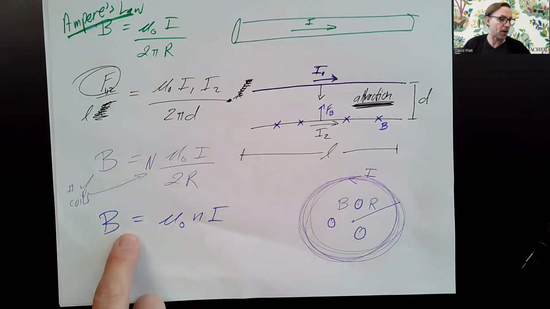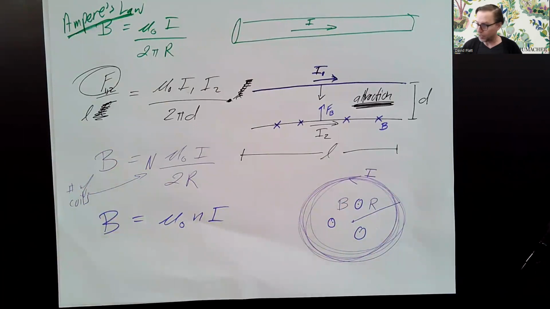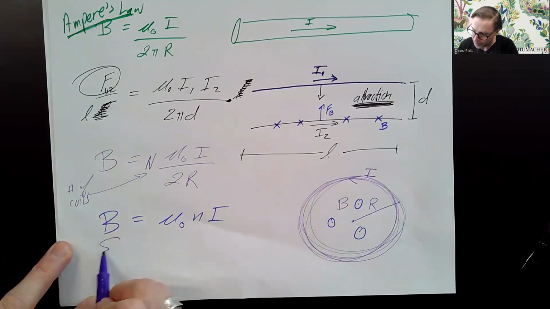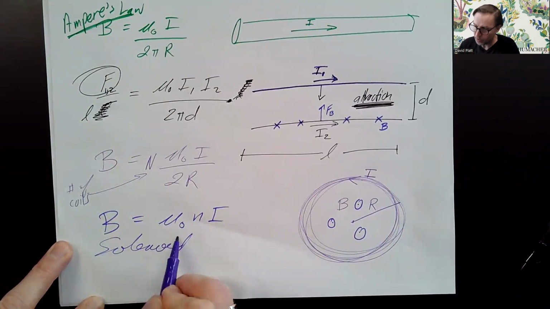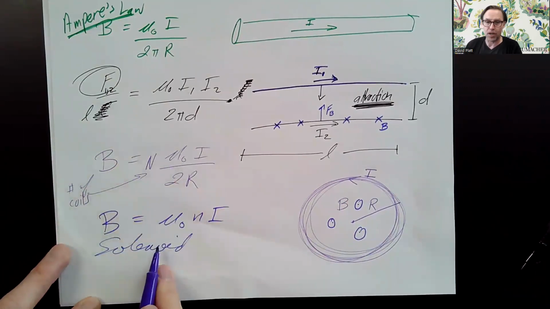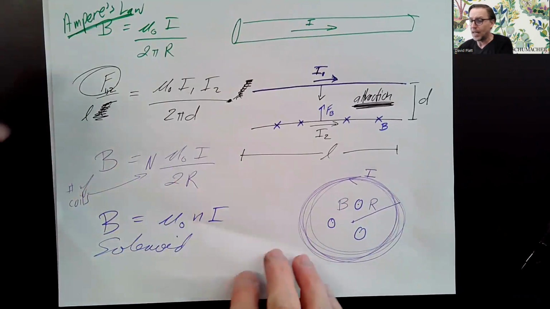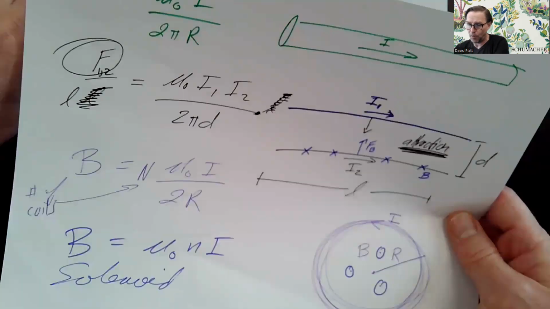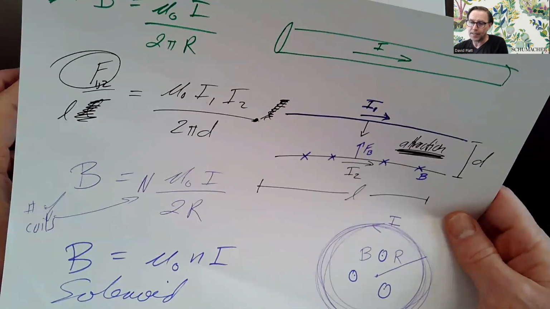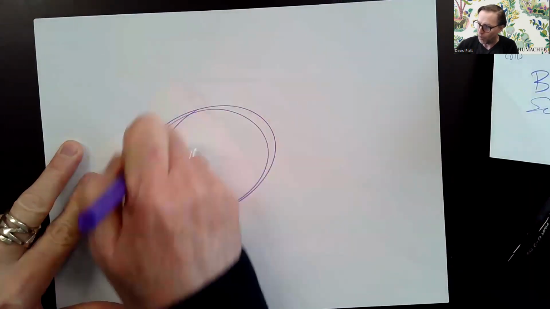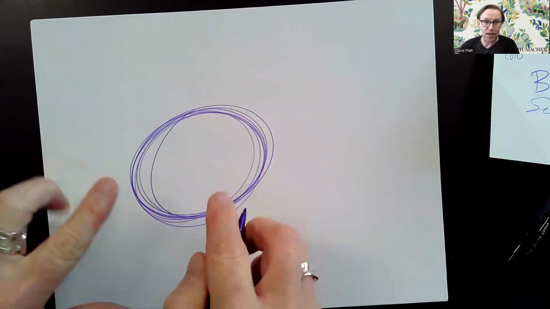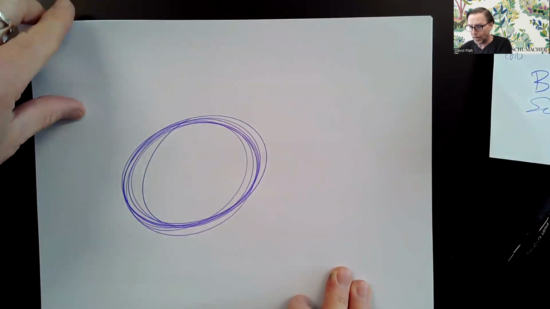Now, this final equation, oh, thank goodness, we're going to finish just barely in time. This final equation is for a solenoid. So this is just for a loop of wire. This is for a solenoid. What is a solenoid? A solenoid is very much like a loop of wire, but instead of it being a loop of wire like this, where all the coils are pretty much right on top of each other, a solenoid takes the coils and spreads them out like the coils of a spring.